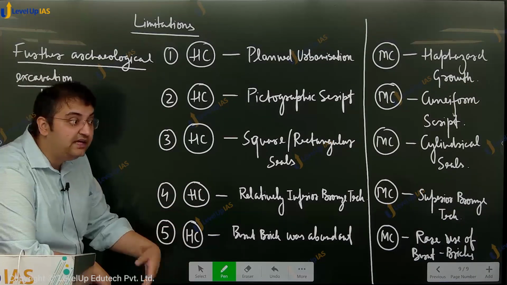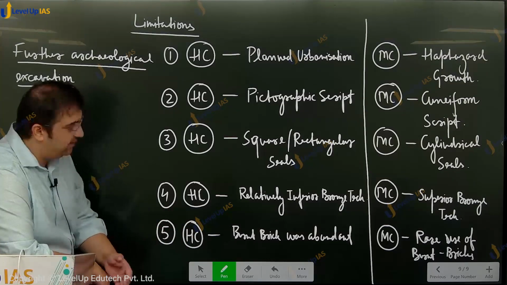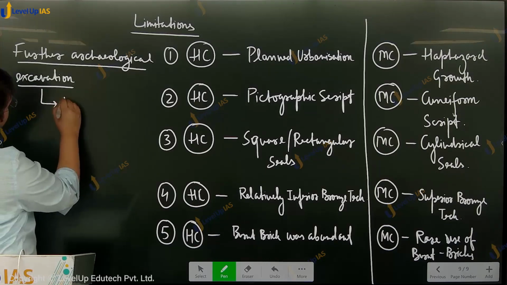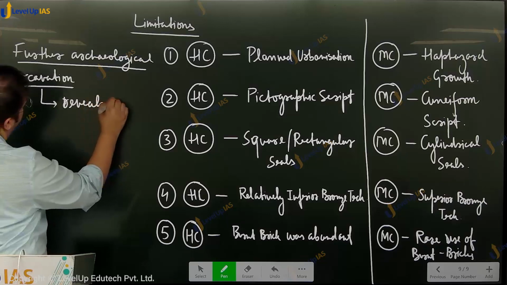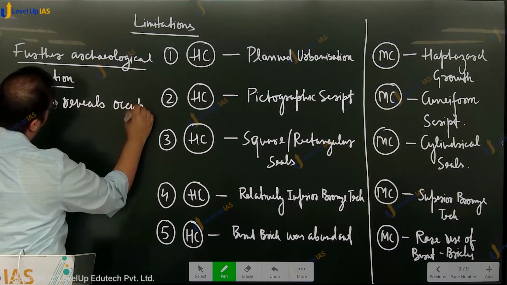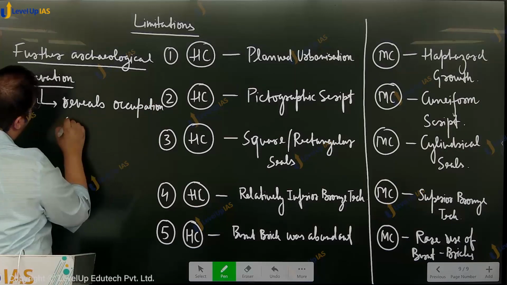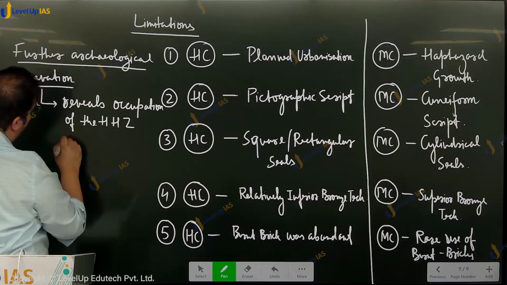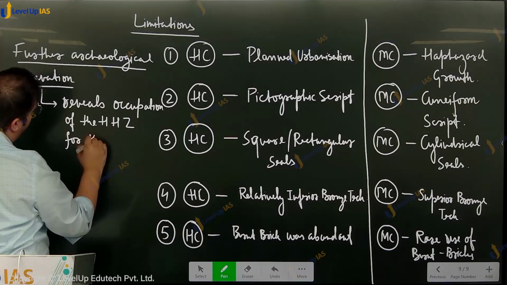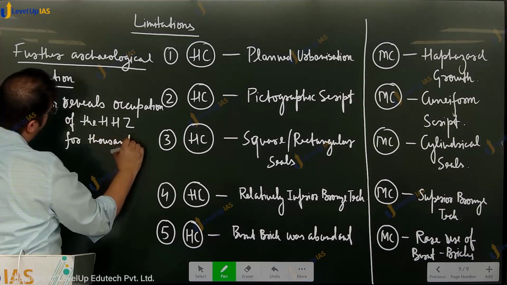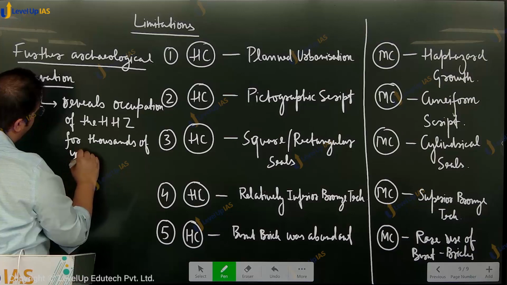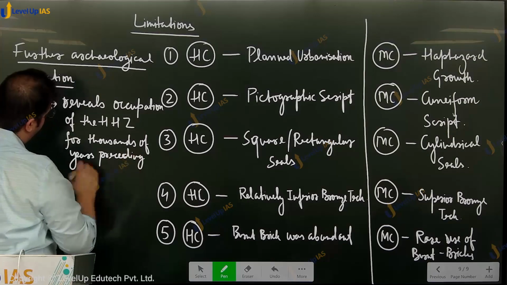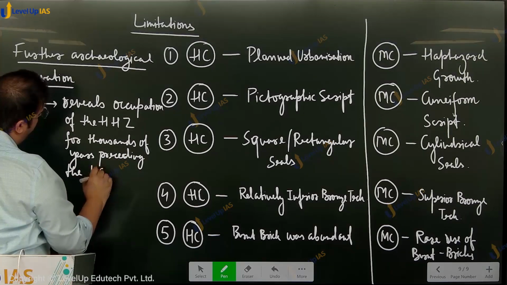There is gradual material improvement in the conditions of the people, right? So further archaeological excavation has revealed occupation of the Harappan habitation zone for thousands of years preceding the Harappan civilization itself.